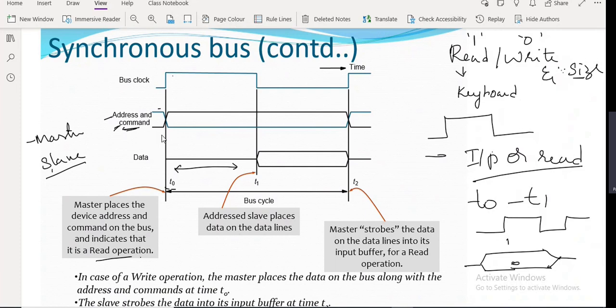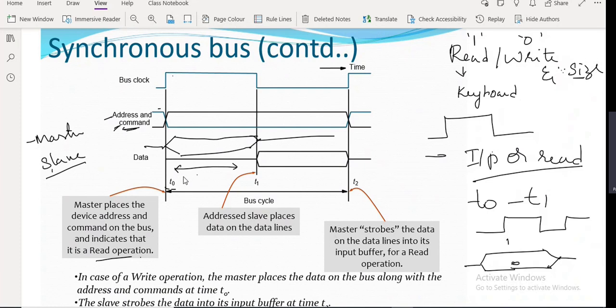Along with these two, it also requires the data it wants to write onto that particular output device. It has to place the data also. That is for the output operation. That diagram is not there in the textbook. You should understand these are the modifications you have to make.